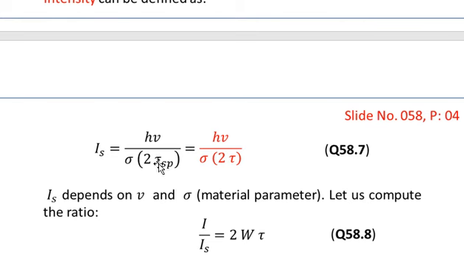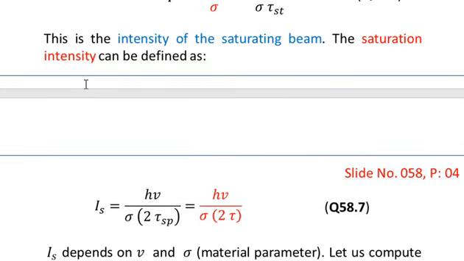We have 2 times tau Sp because under saturation, when the saturation condition is reached, the two stimulated processes are compensated. That is, the stimulated absorption and the stimulated emission are compensated by each other. And the only process responsible for the saturation of the intensity will be the spontaneous decay rate. So Is is equal to h nu over sigma into 2 times tau Sp.